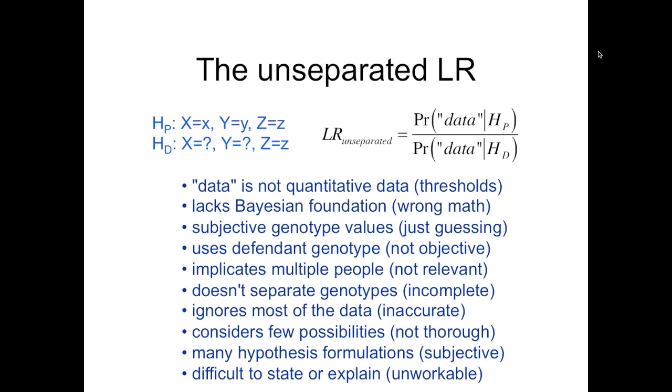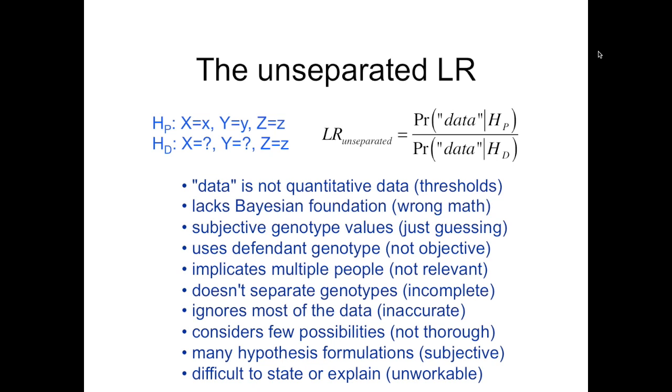Now, by comparison, in forensic science, when the genotypes are not separated out and you don't get the power of reducing it to a single genotype at a time, you're now stuck with this unseparated likelihood ratio. And this is where HP and HD come from.